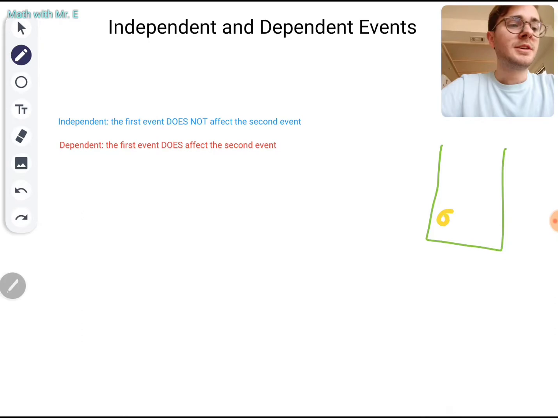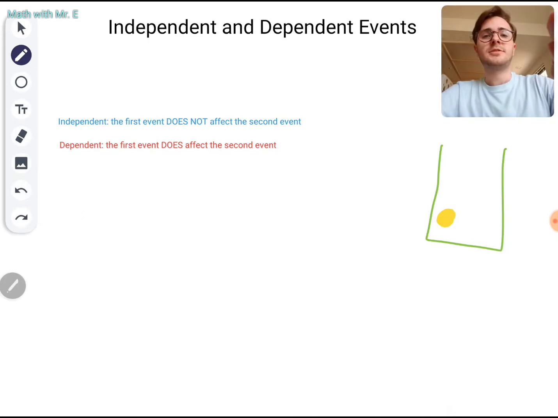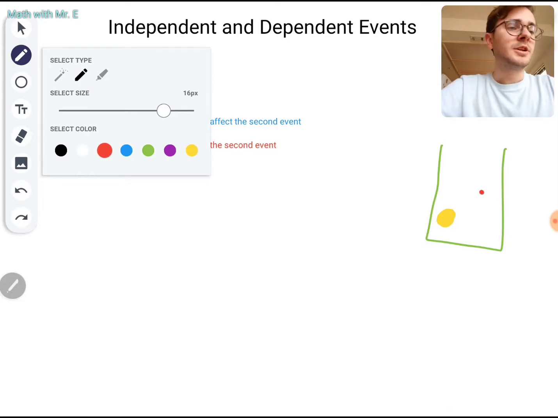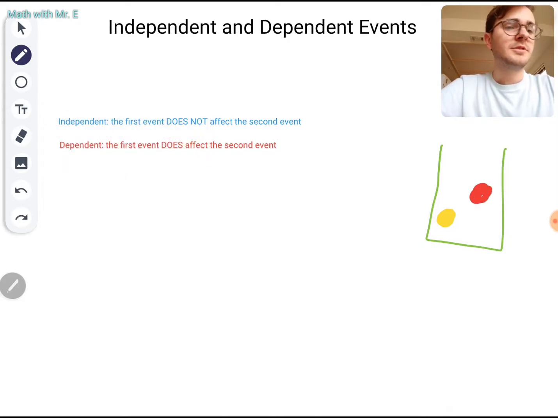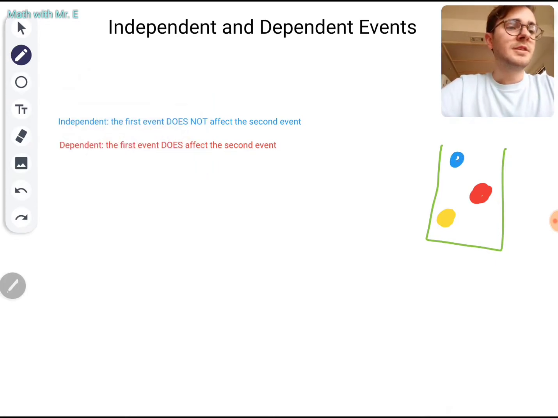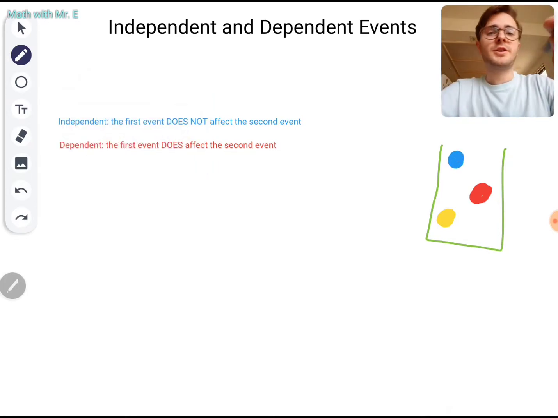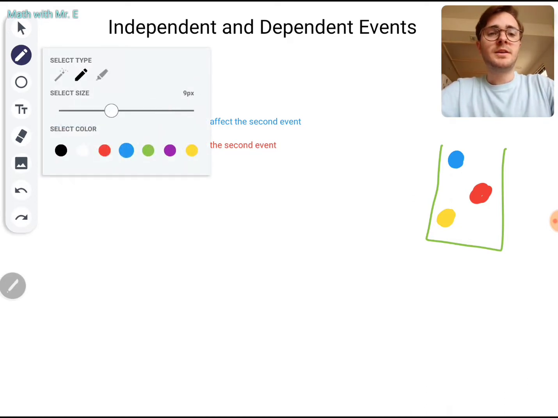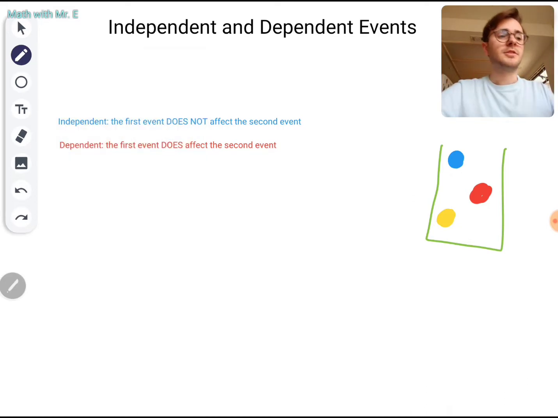So I'll have one yellow circle, one red circle, and one blue circle. Here's what we're going to do. We are going to pick one circle out of this bag, and then we're going to pick a second circle out of the bag.